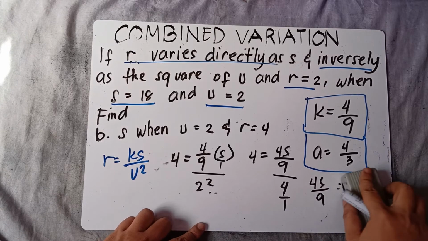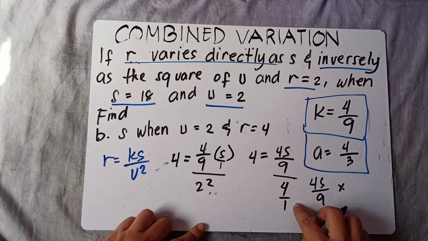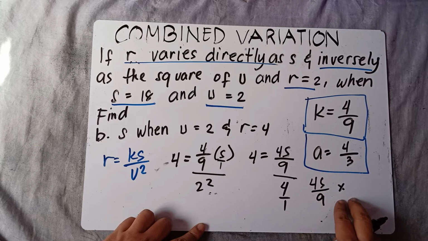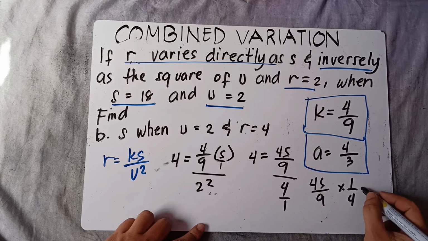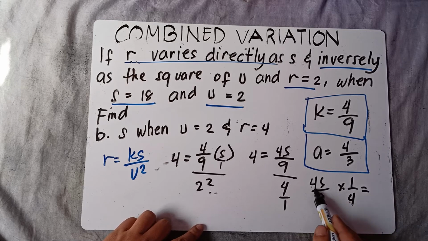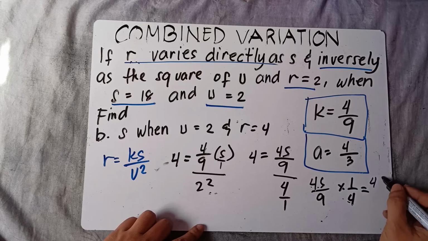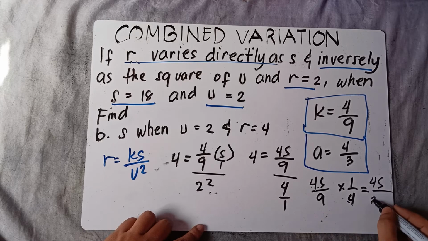So this is 4S over 9 times the reciprocal of 4 over 1. You change the operation: instead of division, you make it multiplication, times 1 over 4. You can cancel 4 and 4, or you can simply multiply. 4S times 1 is 4S.